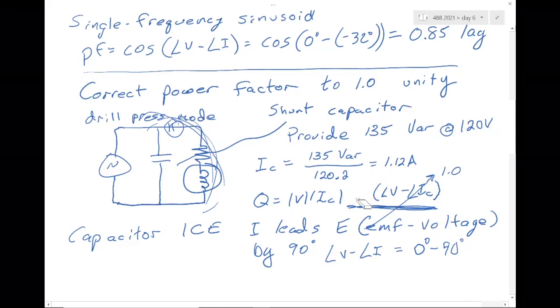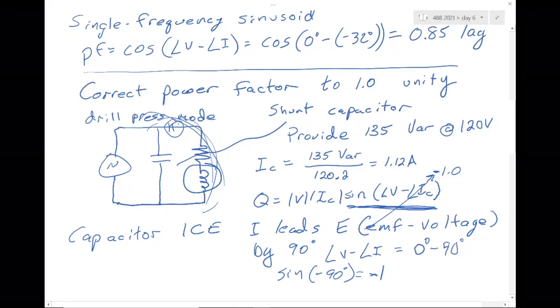Q is not VI cosine theta. Q is VI sine theta. I am sorry about that. Some of you were wondering about that from the moment I wrote it. And I was doing the math in my head and saying cosine of minus 90 is 0. It's not 1. So now sine of minus 90 is minus 1.